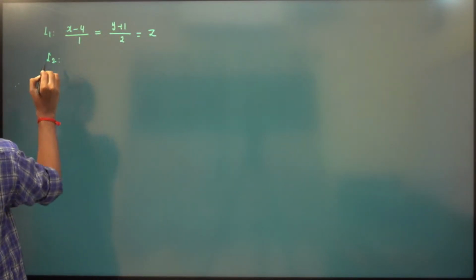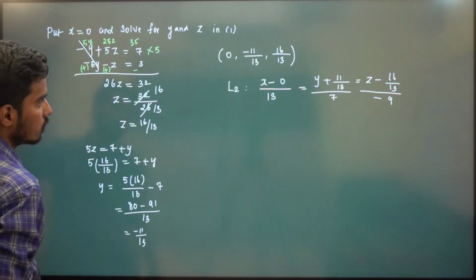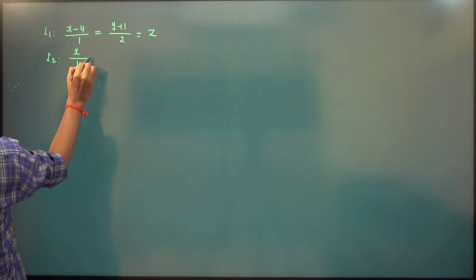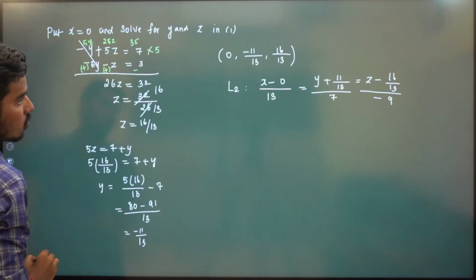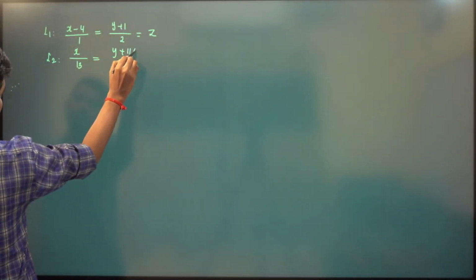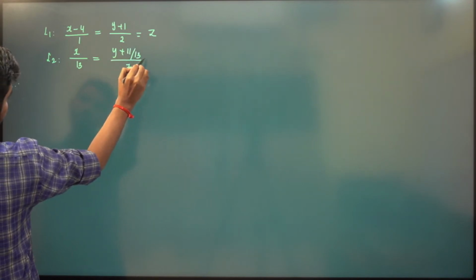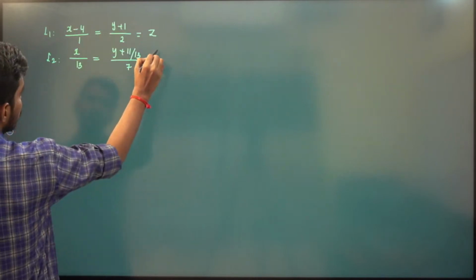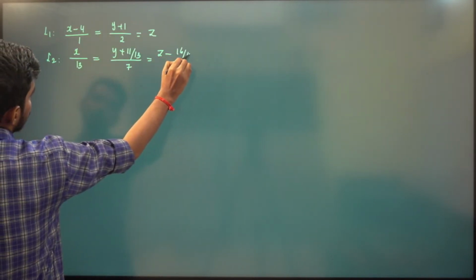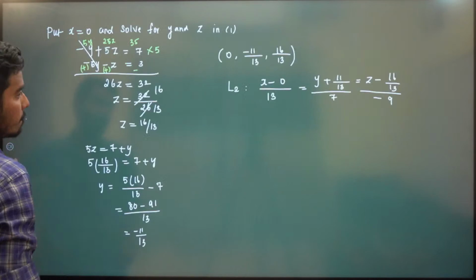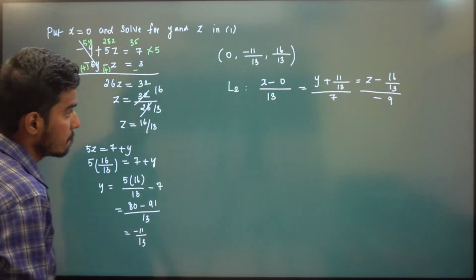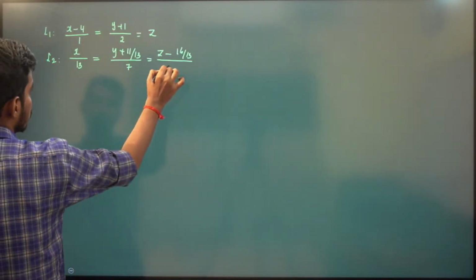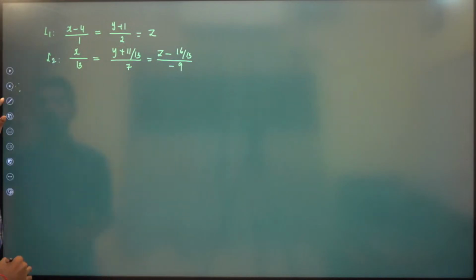And L2, as we just found, is x by 13 is equal to y plus 11 by 13 divided by 7, z minus 16 by 13 divided by minus 9, right?